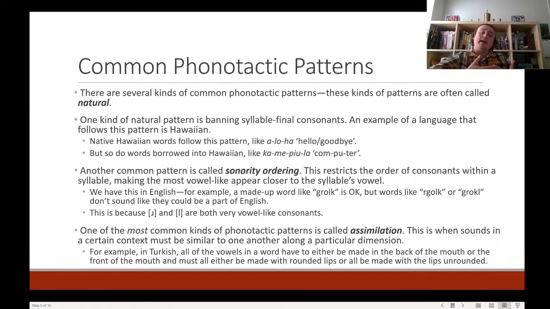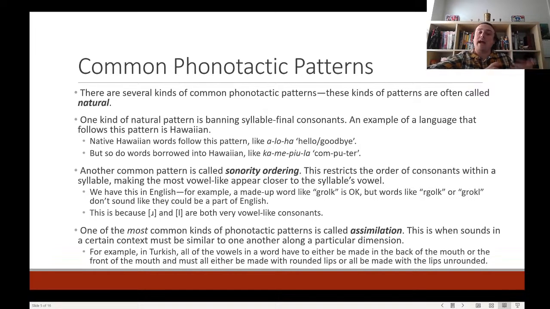One of the most common kinds of phonotactic patterns is called assimilation. This is when sounds in a certain context have to be similar to one another along a particular dimension. We have examples of this in English as well, but just to pull in another language as an example here, in Turkish, all of the vowels in a word have to either be made in the back of the mouth or they have to all be made in the front of the mouth. You can't mix front and back vowels in the same word.